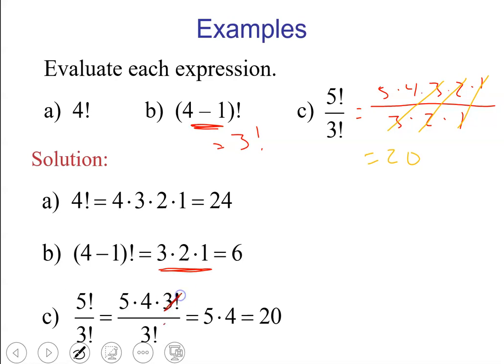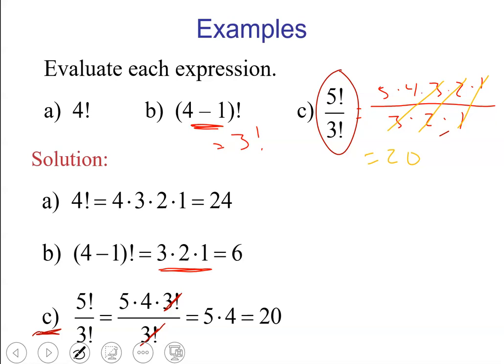So you can just literally cancel those out instead of having to write all of those terms and do 5 times 4 and get that to be 20. Again, either way would really be fine. It's just the higher these numbers are, this notation down here is definitely a little bit easier and more of a shortcut because you don't have to write all those terms out.